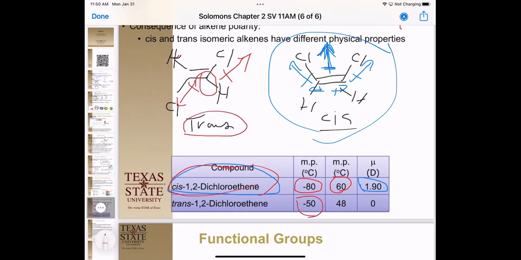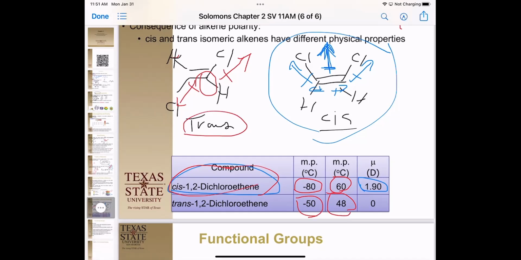Interesting. But it boils lower. It has fewer intermolecular bonds to break to boil because it doesn't have that polar interaction. So it changes the physical property. Does that make sense? The more interactions you have between molecules, or the stronger that interaction is, the higher the melting point and boiling point.